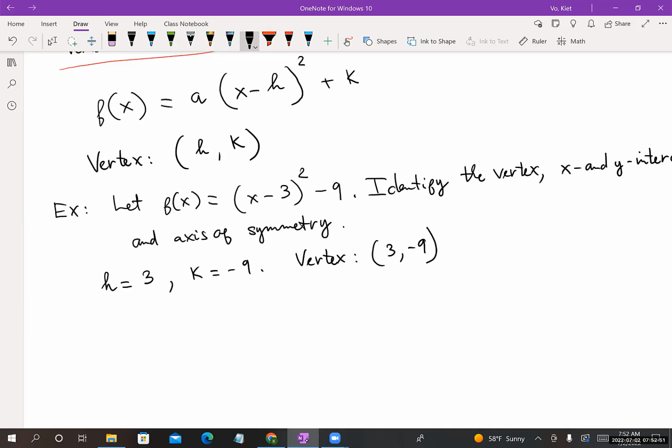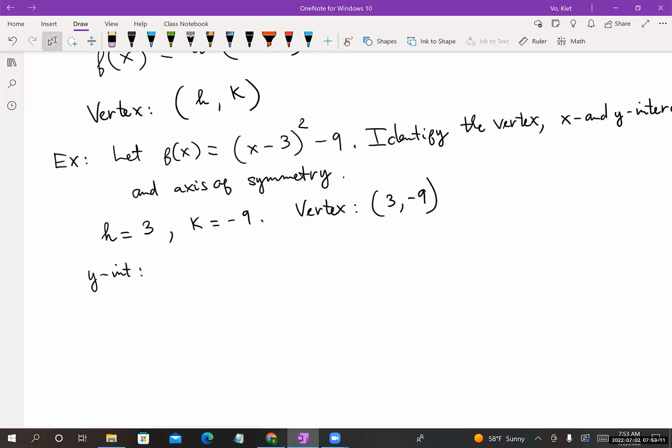Now the y-intercept is easier to find because you just plug in x equal to 0. So I'm going to do that first. So let's find the y-intercept. We're going to set x equal to 0 and solve for y.